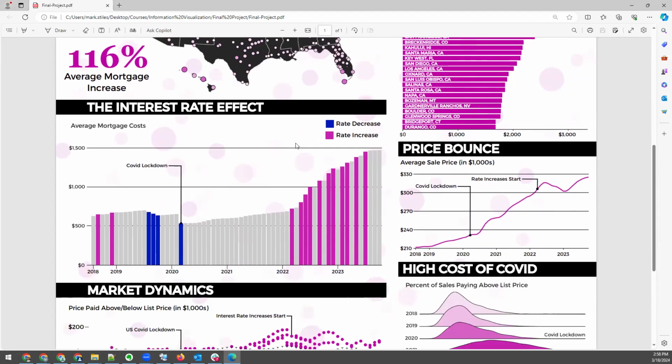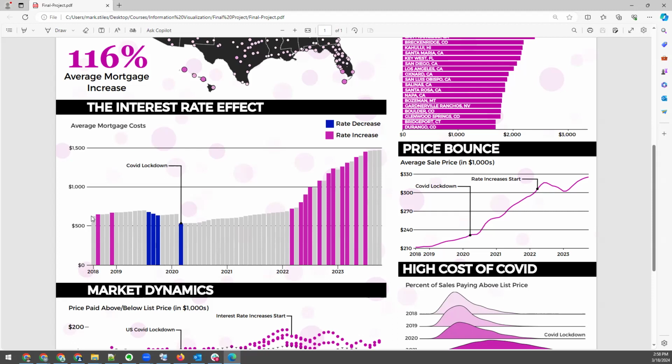Now here, when you look at the effect of the interest rate over time, the purple here represents an increase in the interest rate, and the blue is a decrease in the interest rate. Up until recently, it really didn't happen all that often. And so you can see the effect. This is really charting the cost of a mortgage.